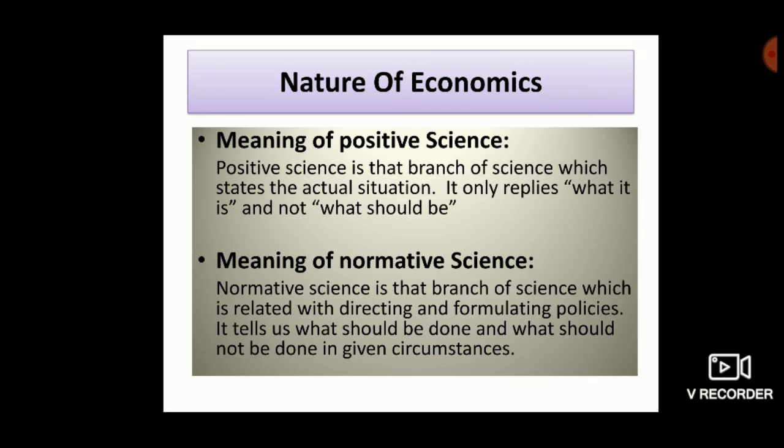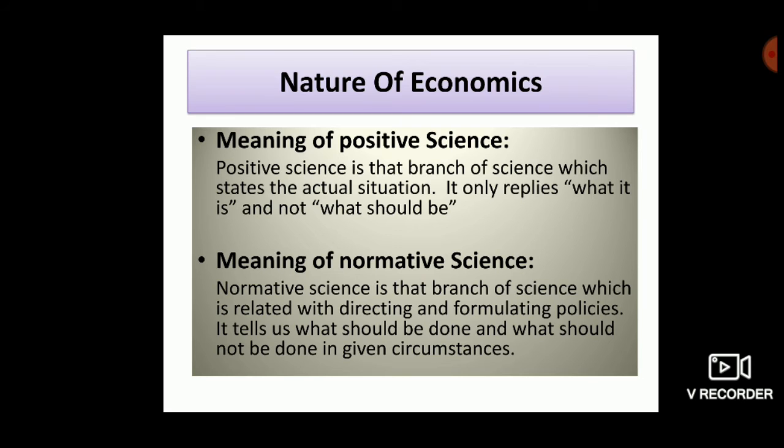It is concerned with the establishment of a relationship between cause and effect of an event. It indicates actual facts and does not give any judgment about them. Positive science only replies what it is and not what it should be. A positive science may be defined as a body of systematized knowledge concerning what is.